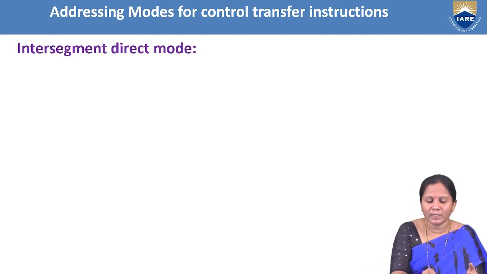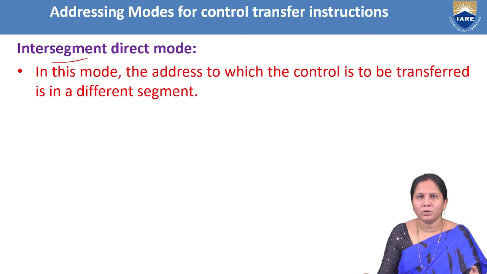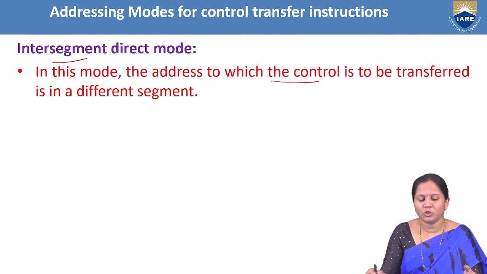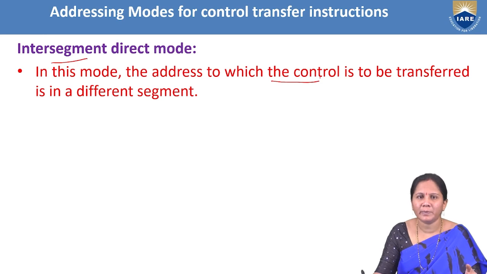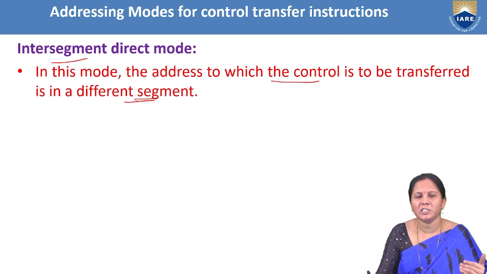First, intersegment. As we know, intersegment means out of the segment. In this addressing mode, the address to which the control is to be transferred will be present in a different segment. So if the control is transferring to some other segment, then we call it intersegment.